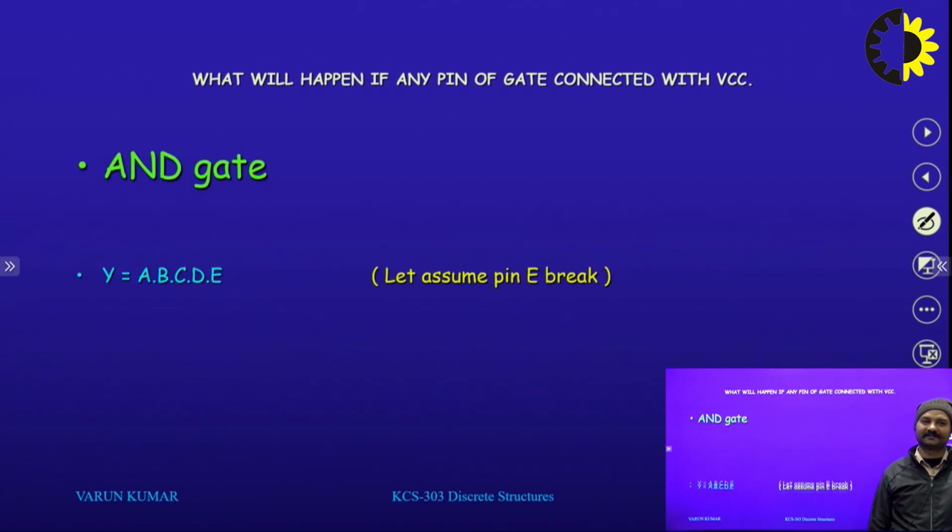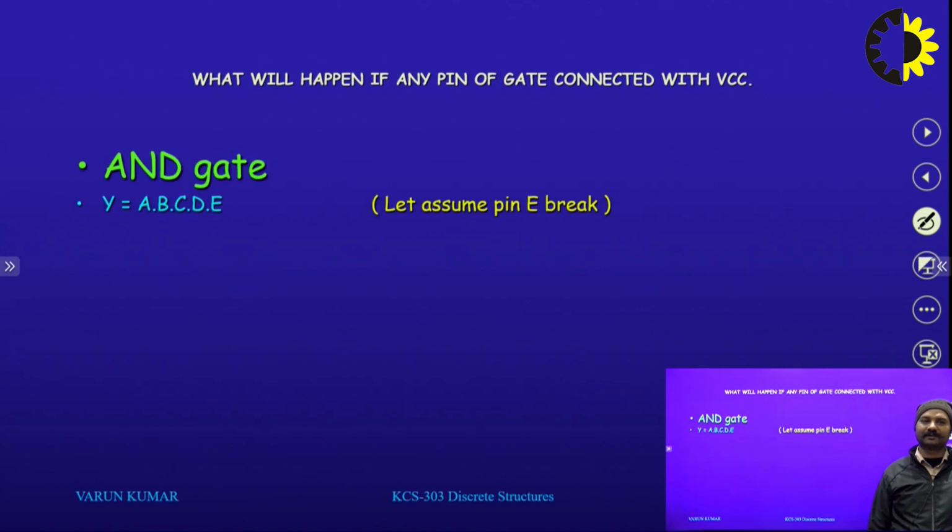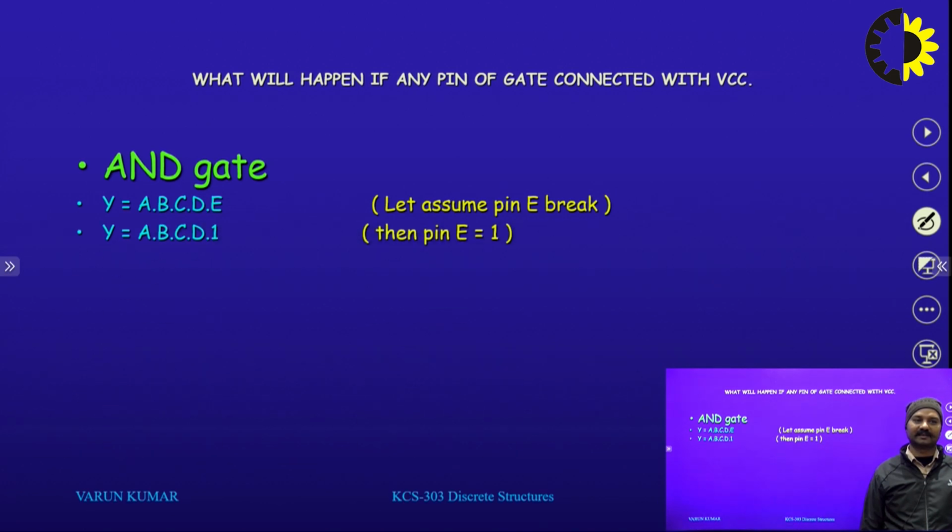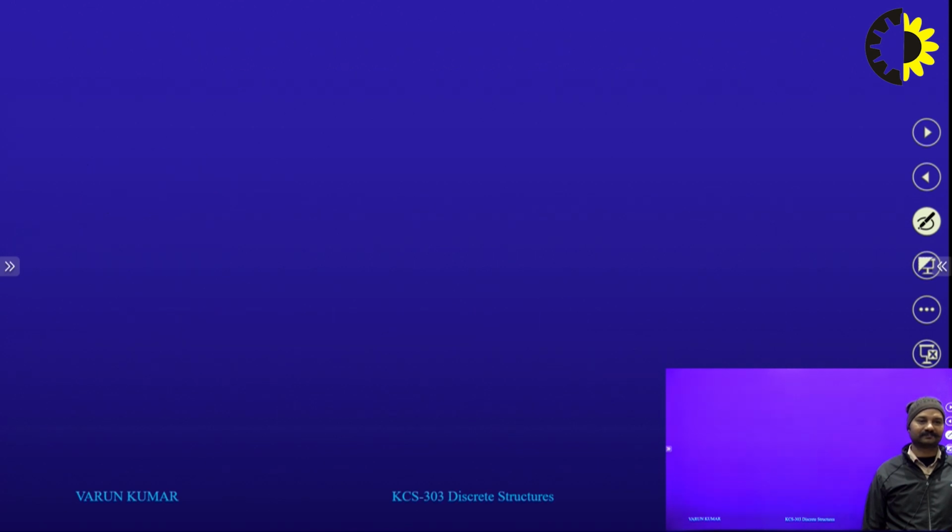And what will happen if a pin gets connected with VCC? It means that particular pin is shorted with VCC, so the Boolean value is high. If we put E is equal to 1, we get A dot B dot C dot D. It behaves like an n minus 1 input AND gate, and similarly the same operation applies for the NAND gate.